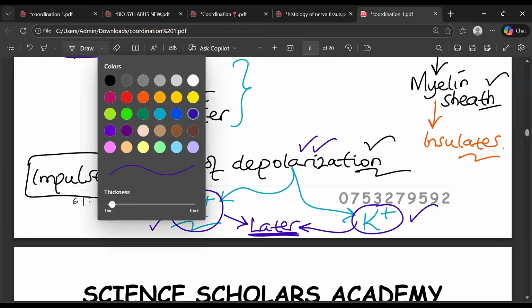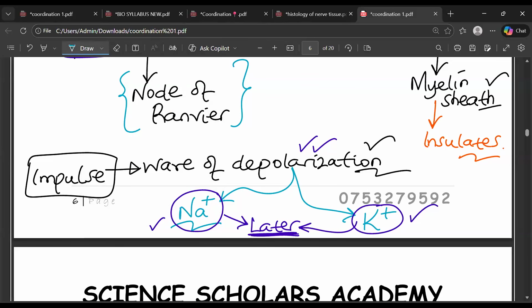Because of these ions, remember they are supposed to diffuse across the membrane of the cell. Which cell do we have here? It's the nerve cell. Where the myelin sheath is insulating, we cannot have diffusion.